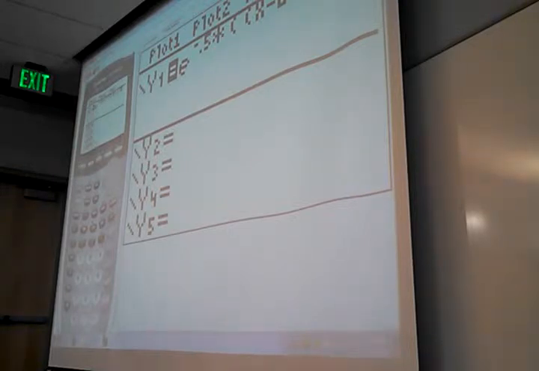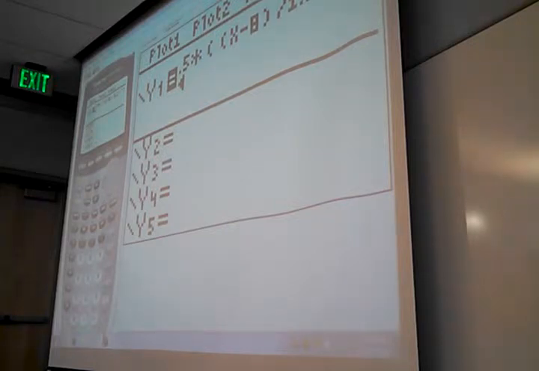And that whole thing divided by the standard deviation times the square root of 2 pi.